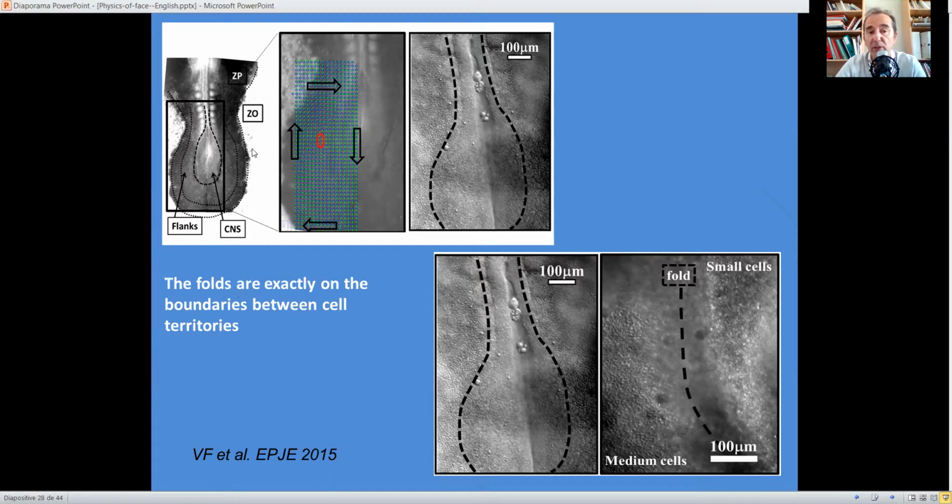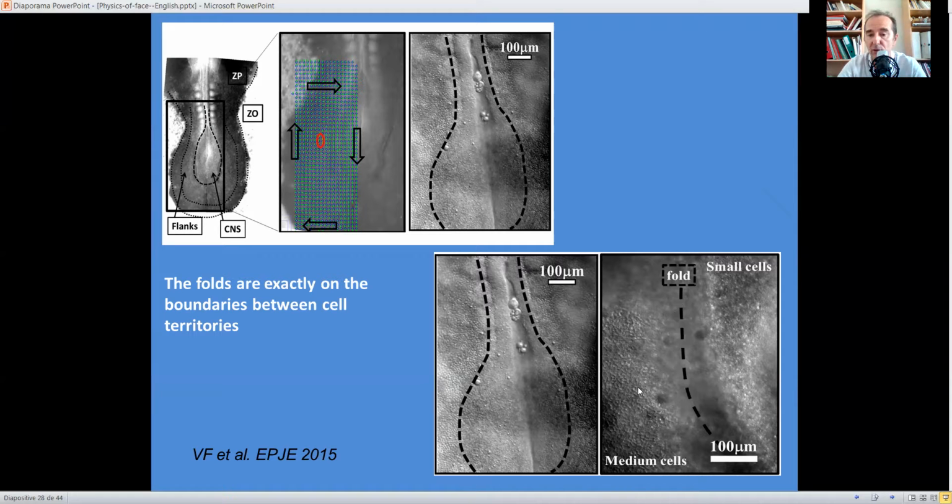So during the rotatory movement and the propagation of the flow and of the folds, you see that here it's hardly folded. The image is blurred because the fold is beginning, so it's slightly out of plane.